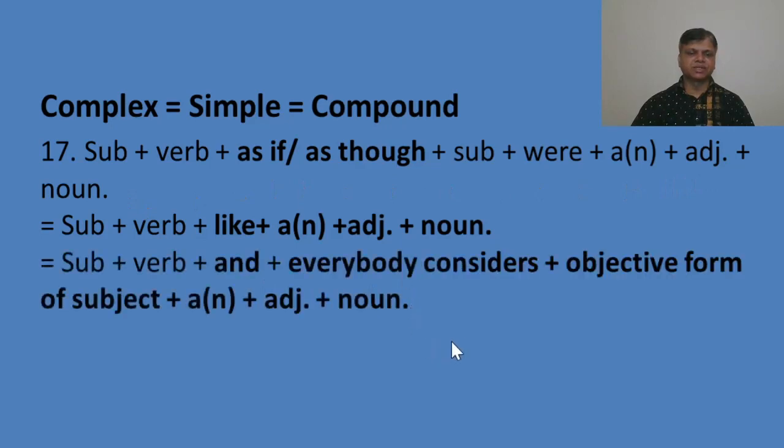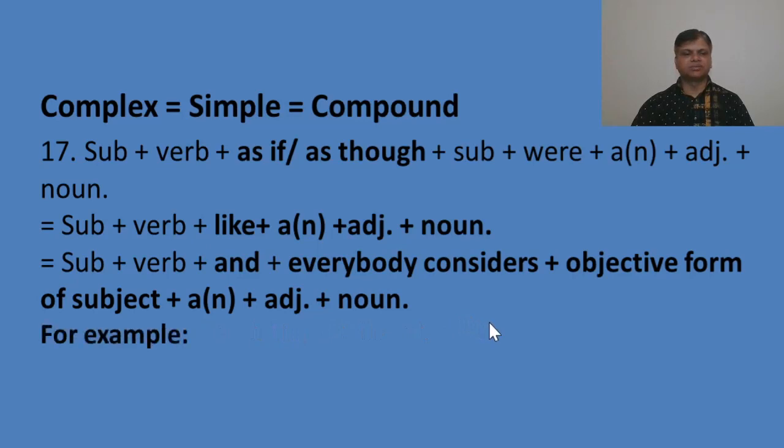If you want to make it a compound sentence, look at the structure. First you have to use the independent clause, subject verb, then a coordinating conjunction and, then everybody considers, then the objective form of the subject, then a or an, adjective and noun.